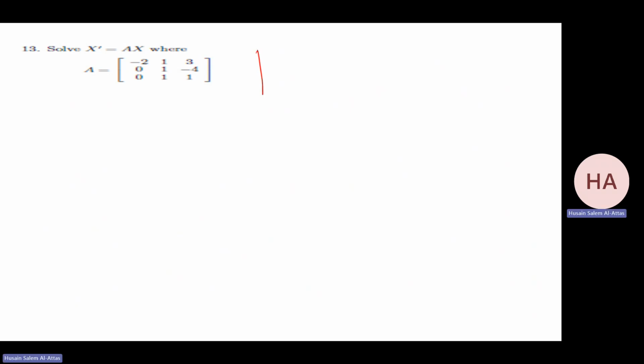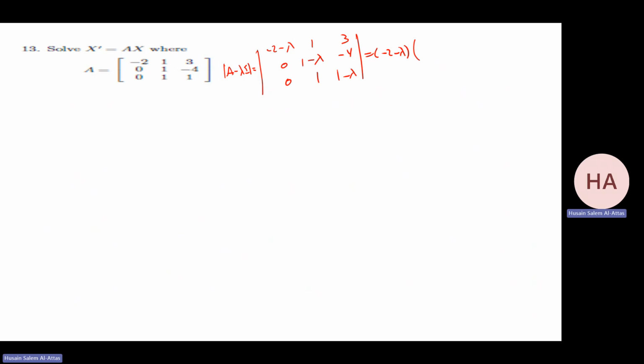Let me find the eigenvalues. I have determinant of A minus lambda I. That will be minus 2 minus lambda, 1, 3, 0, 1 minus lambda, minus 4, 0, 1, 1 minus lambda. That will be minus 2 minus lambda times what?